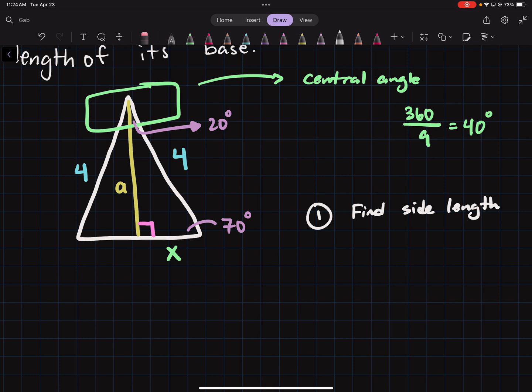Guys, I spent a lot of time doing this. 20, 70, 90. What are the 3 things that made you guys memorize? Cosine, tangent, sine.